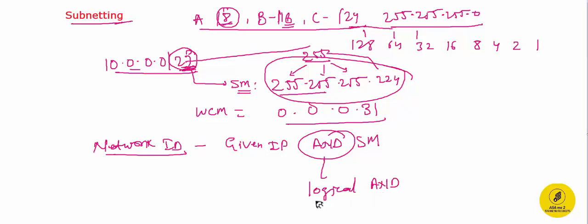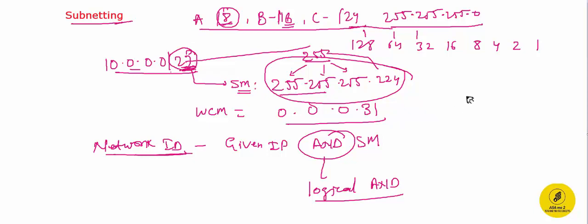We'll do a logical AND operation between the given IP and the subnet mask, and that will give you the network ID. Let's see how to find out the network ID for 10.0.0.0. Though it looks very simple that its network ID is going to be 10.0.0.0, that's not always true. Many times the network ID will turn out to be different based on the subnet mask.